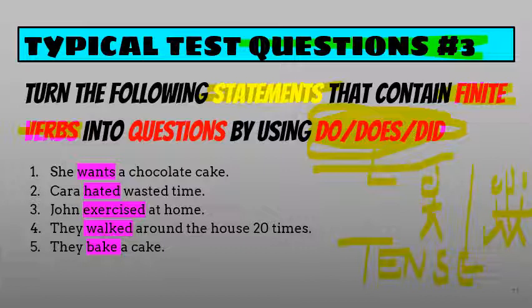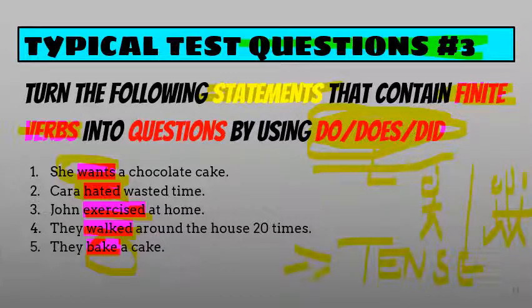So here are my statements. She wants a chocolate cake. Kara hated wasted time. John exercised at home. They walked around the house 20 times. They bake a cake. You will see that these finite verbs are in different tenses. That one is in my simple past, simple past, simple past, once, and bake is in my simple present.